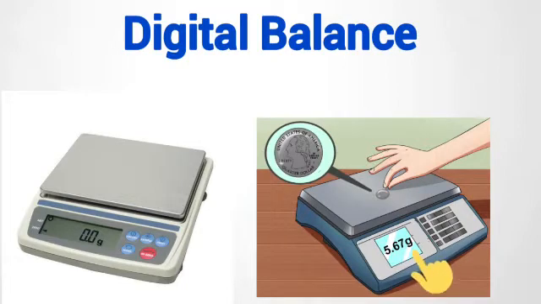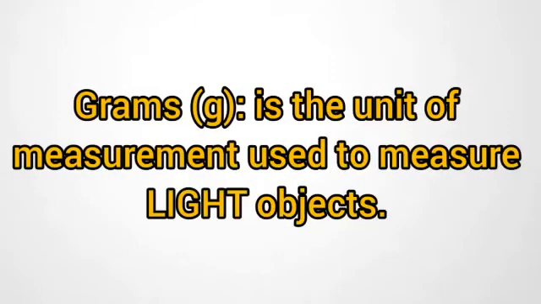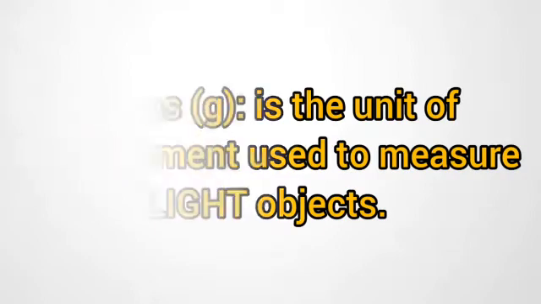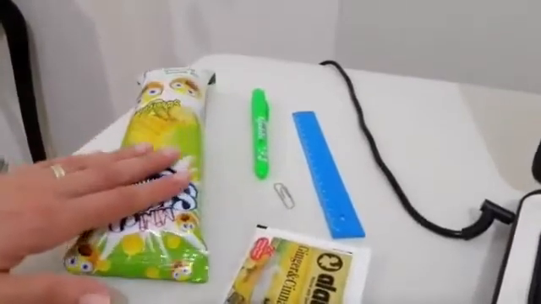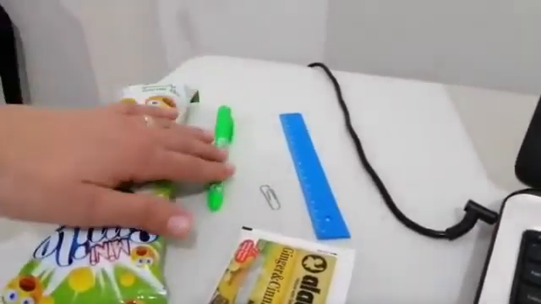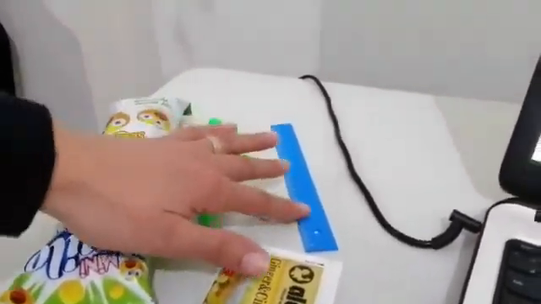This G means grams. Grams is the unit of measurement used to measure light objects. For example, tea bag, chips, pen, attach clip, ruler.